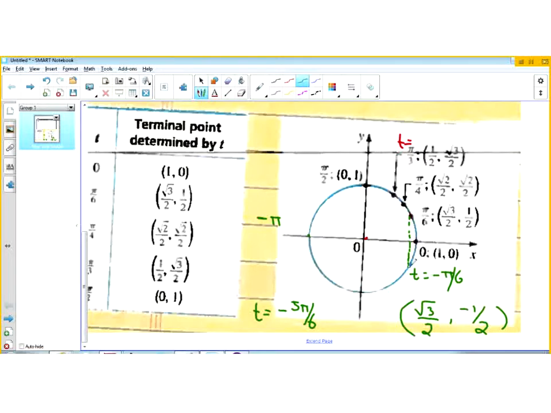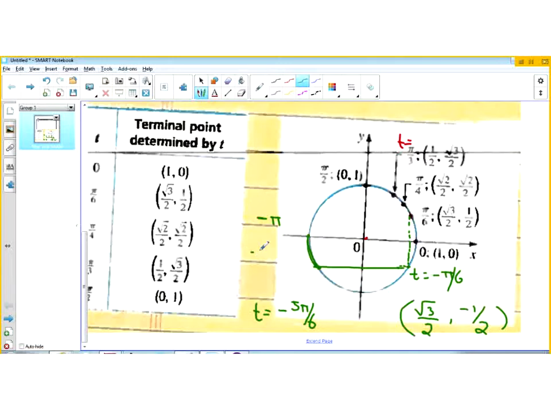Okay, I see now. Let's draw a line parallel right here. And can we, by symmetry, deduce the coordinates of this point? If this is negative pi, and if we walk counterclockwise from negative pi to this point, basically this would be pi over 6 radians right here.